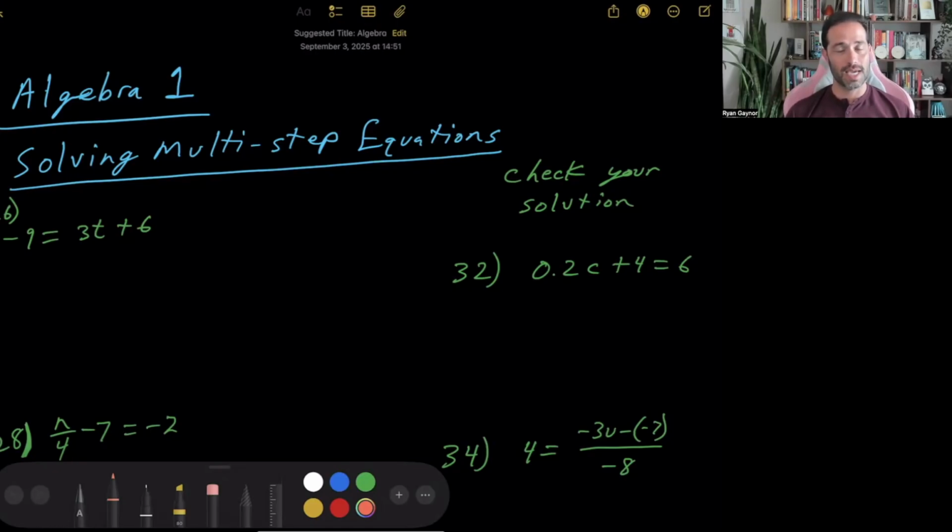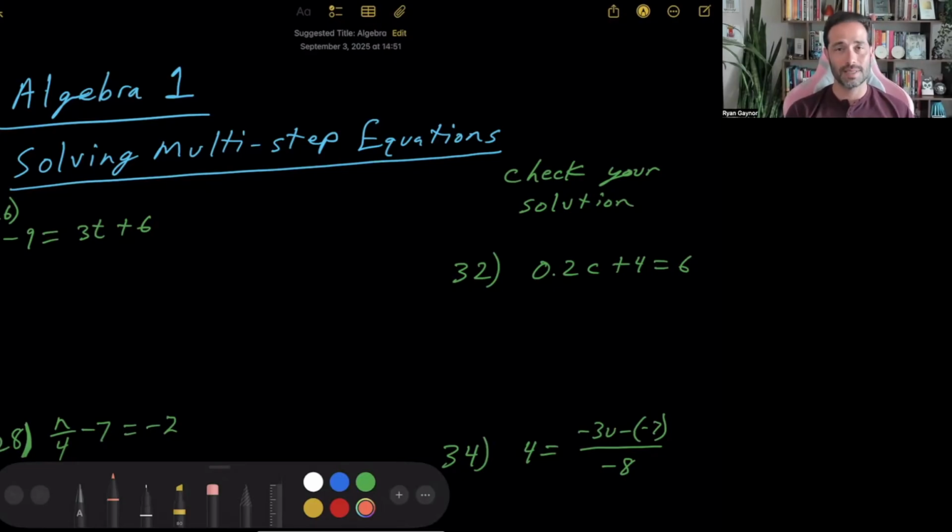So there's a multiplication of times 3 to the variable, and then there's a plus 6 to the variable. So how are we going to solve this? We're going to do the opposite of what's happening. We're going to start with the plus 6. That's the thing that we do first. We got to work backwards from order of operations, basically.